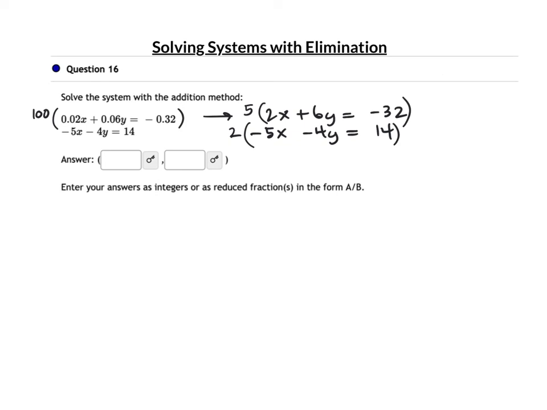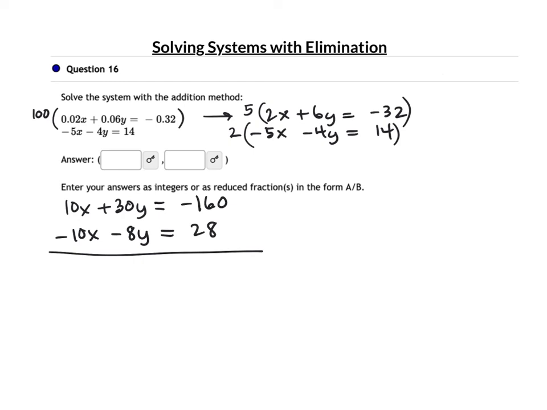So I'll rewrite those equations. The top one I multiply by 5. I get 10x plus 30y equals negative 160. The bottom equation is negative 10x minus 8y equals 28.